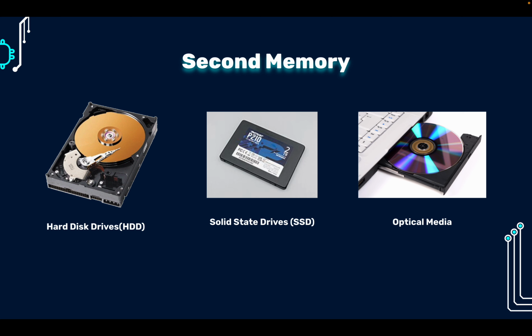Secondary storage memory can be categorized into three types based on the technology used. One is magnetic storage, which is the HDD, hard disk drive; the second is the SSD, which is solid state drive; and the third is optical media.